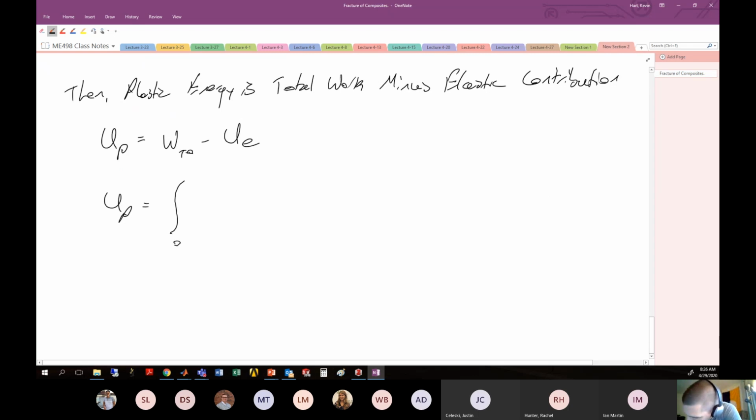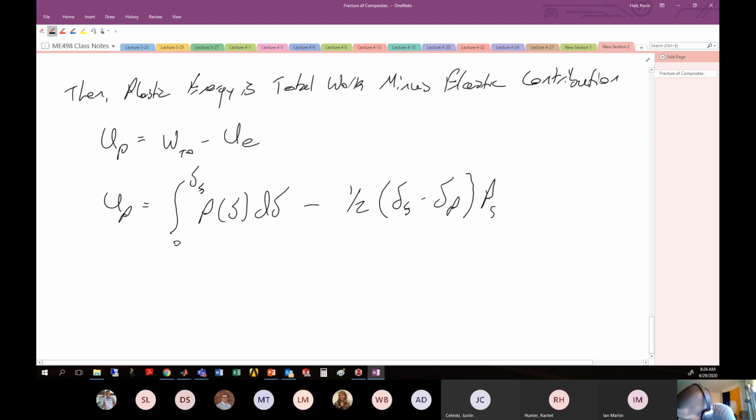So this is the integral from 0 to delta final of the load as a function of displacement, integrated over the displacement, minus the energy associated with elasticity, or the recovered energy, which here is 1/2 our base, which is delta final minus delta plastic, times the final load. All right, so here is your plastic energy inside of the sample.